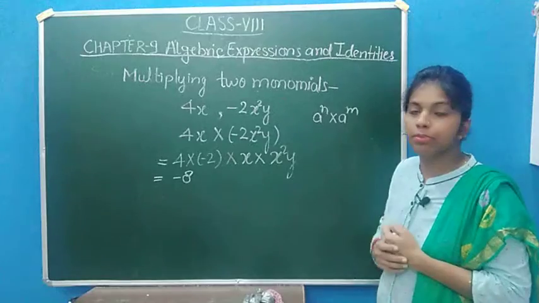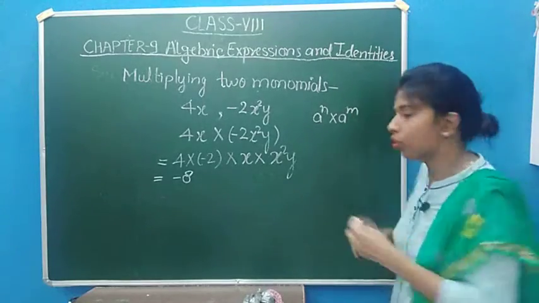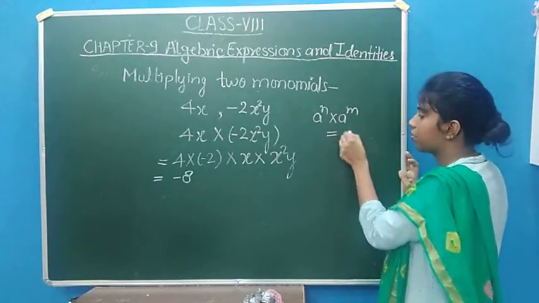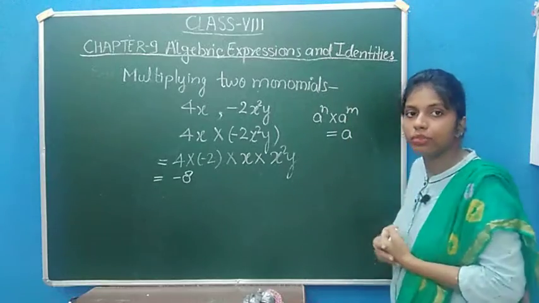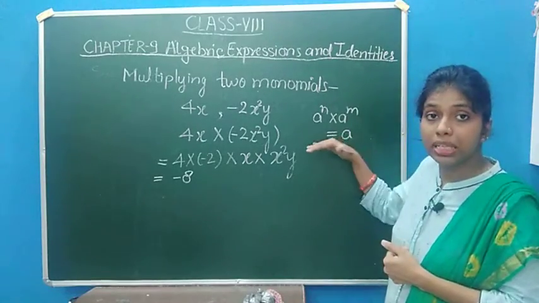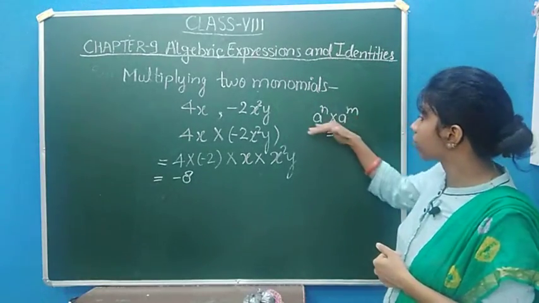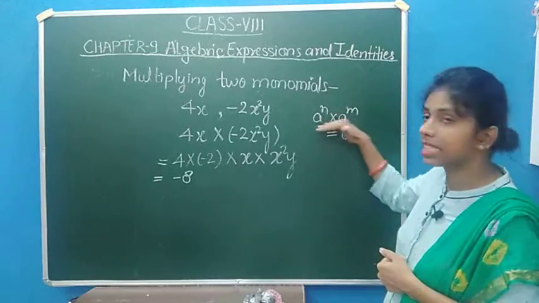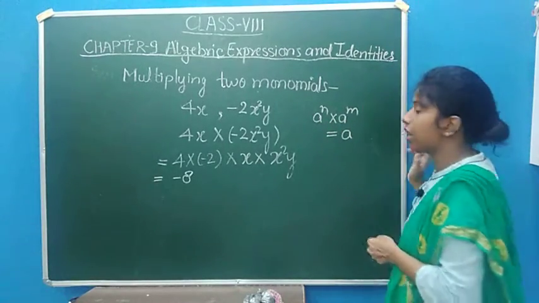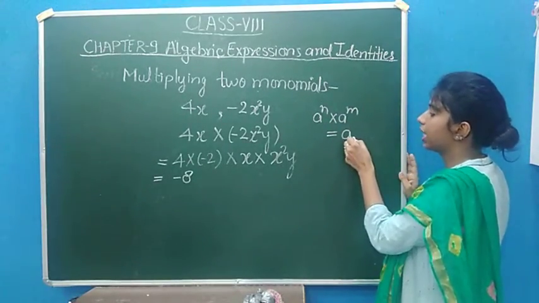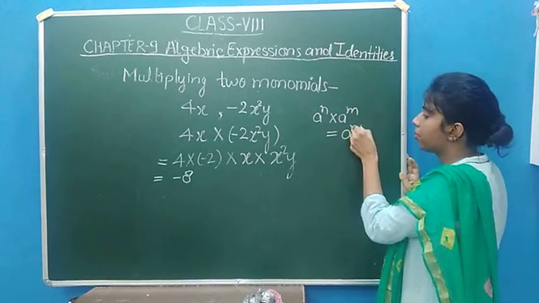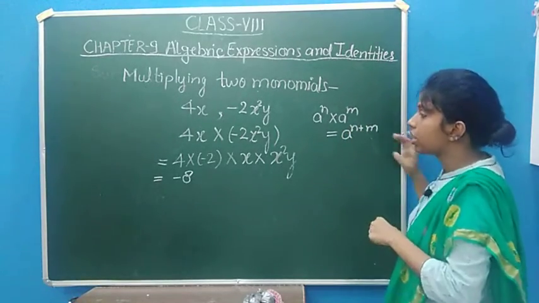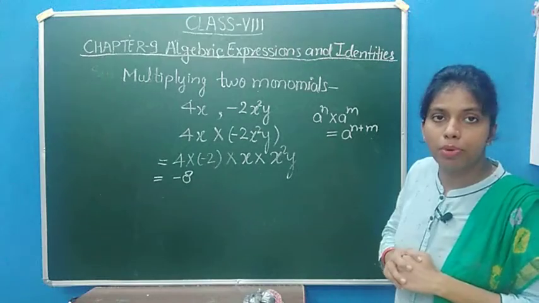Both bases are the same. After multiplication, the powers are added with each other. So we get a to power n plus m.